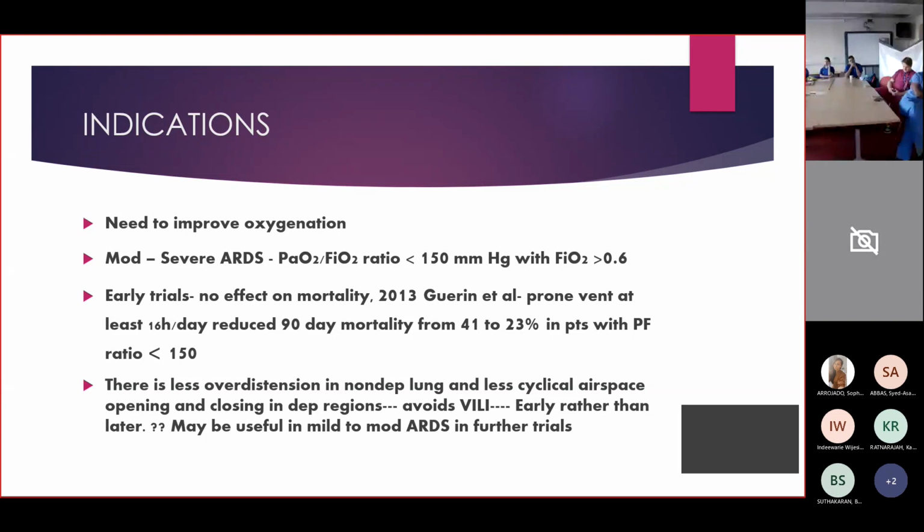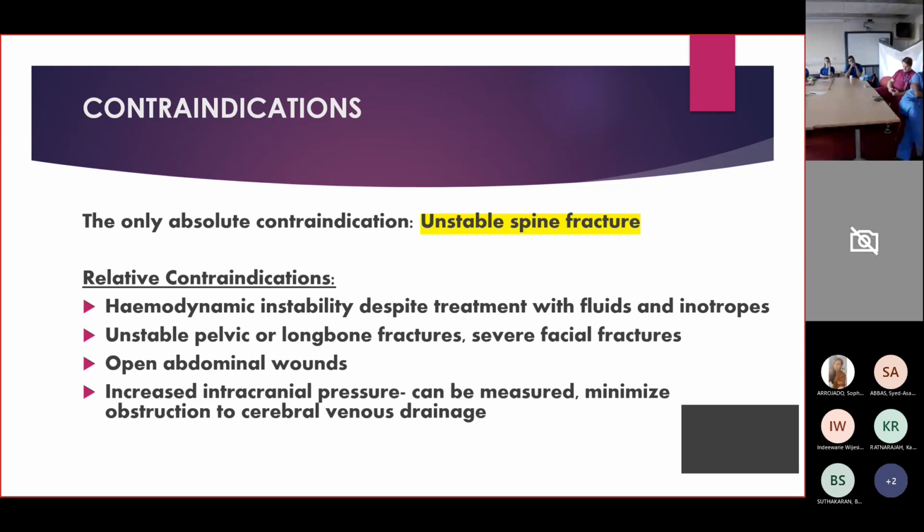So there is a call for a recommendation that proning can be done even in moderate ARDS. So what are the contraindications?